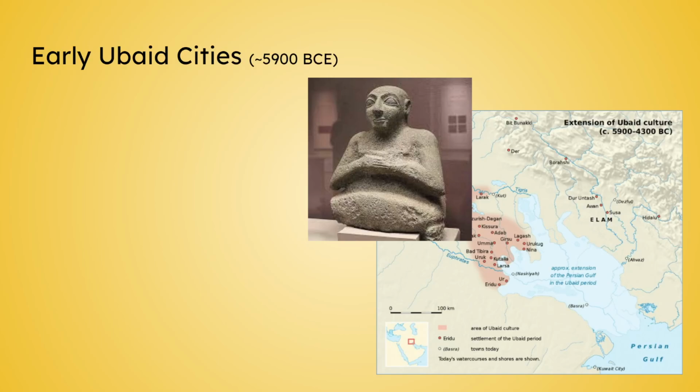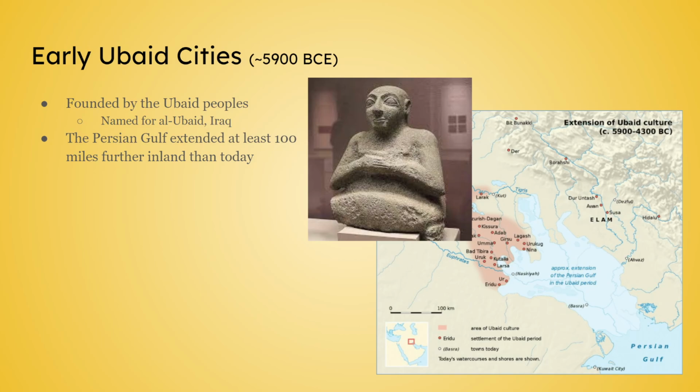So let's start talking about the early Ubaid cities, which start appearing around 5900 BCE. And they're founded by the Ubaid people, so named for the city Al-Ubaid, Iraq. And the Persian Gulf at this time extended at least 100 miles further inland than today, as you can see here.